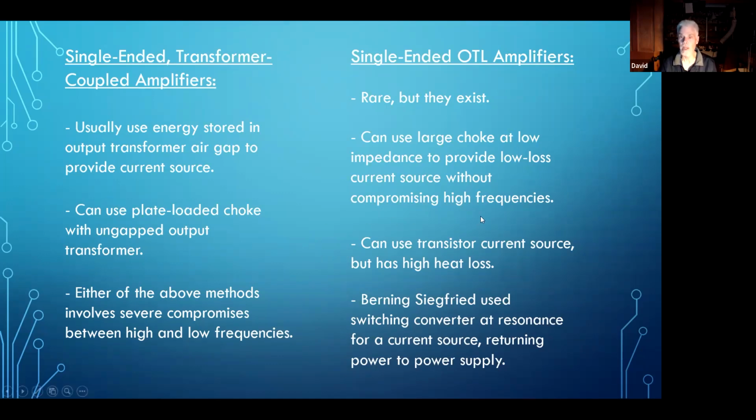Incidentally, as a little side thing I might mention, I've done this, and Westrex, the people that make the 300B, are doing it now in an amplifier that they produce, which is kind of a cross between a single-ended amp and a push-pull amp.